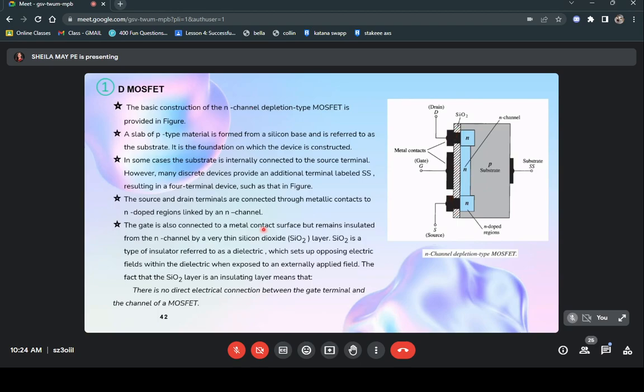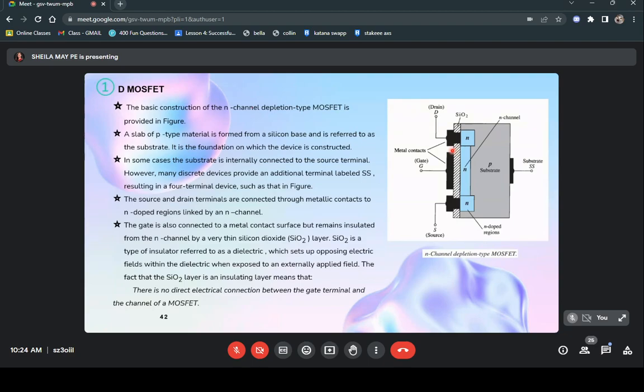The gate is also connected to a metal, but remains insulated from the N channel by a very thin silicon dioxide or SiO2 layer. The silicon dioxide is a type of insulator referred to as dielectric, which sets up opposing electric fields within the dielectric when exposed to an externally applied field.